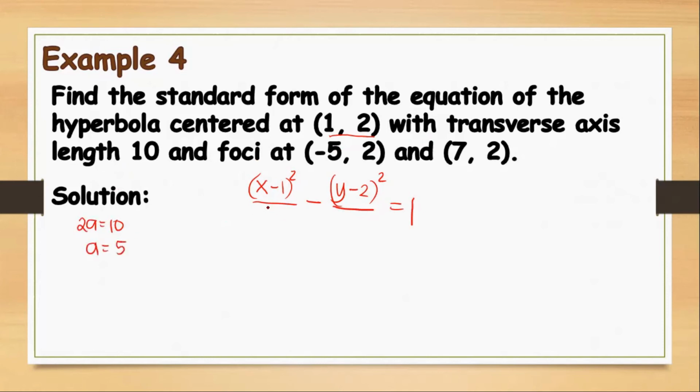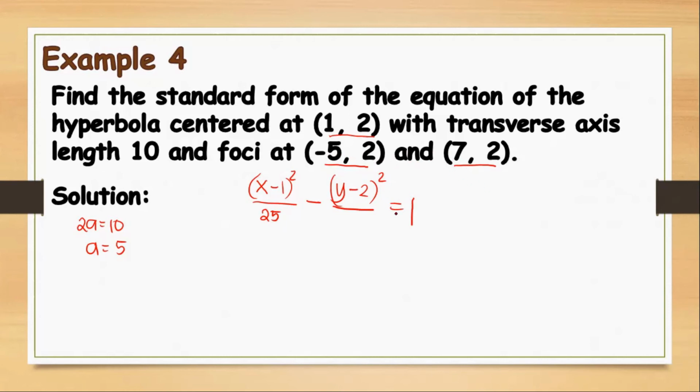So as you can see, our a squared here is 25. And the foci is at negative 5, 2, and 7, 2. So the distance between negative 5 and 7 can be found. So let's find out what is the distance between them.